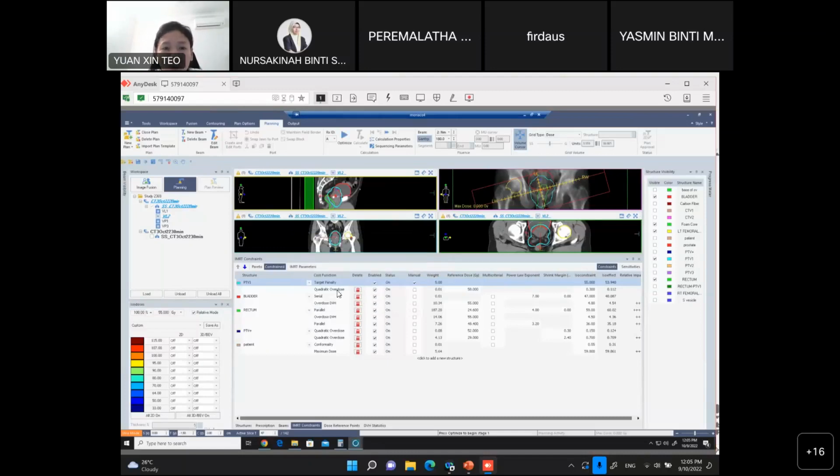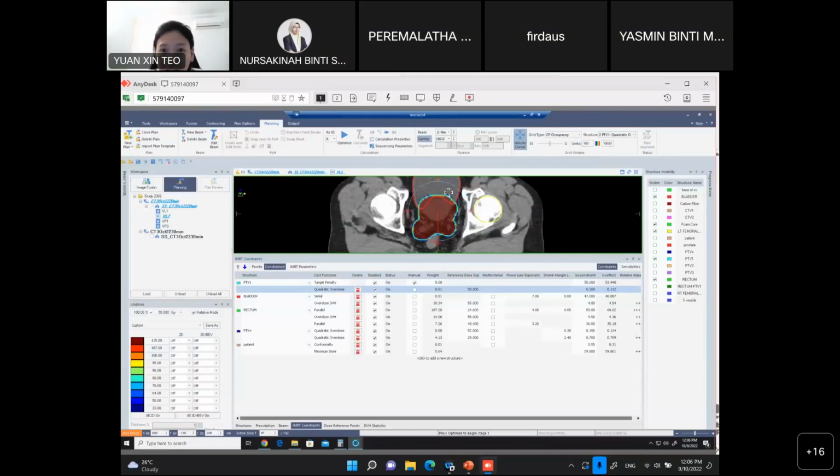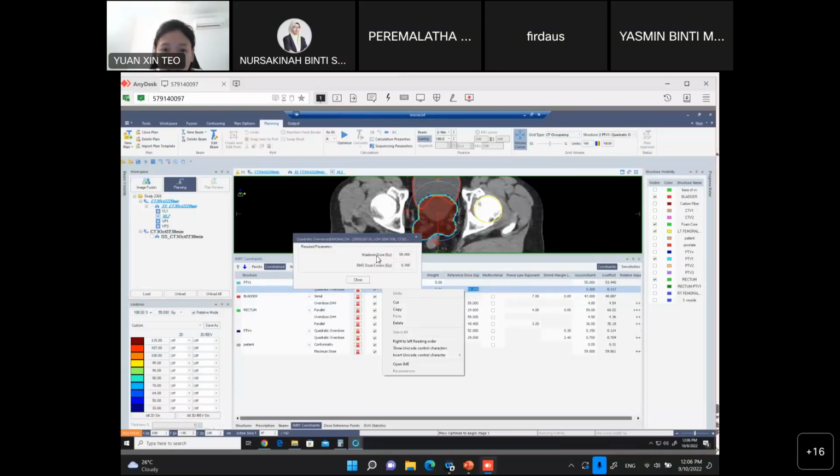Okay, then for quadratic overdose, there is another cost function. This cost function will normally limit the dose, I can show here. One minute. Okay, do you see this one, this brown color means I tell the computer I want this area to get not more than 58 gray. See, maximum dose not more than 58 gray.